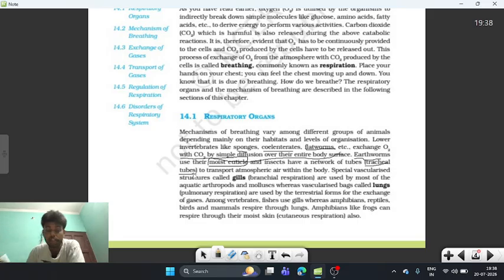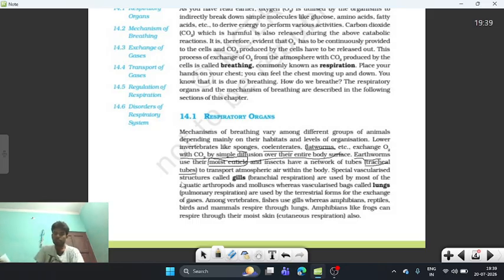So moist cuticle is used by earthworms. Sponges, coelenterates, flatworms use what? Tell me. Body, simple diffusion. Earthworms use moist cuticle, and the insects use tracheal tubes to exchange gases.